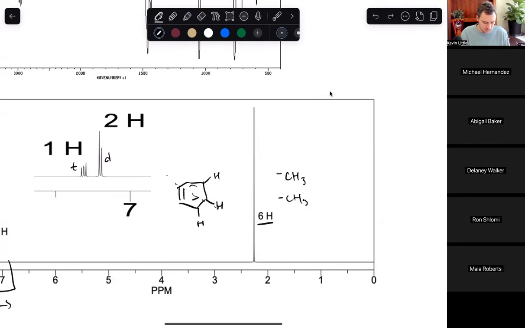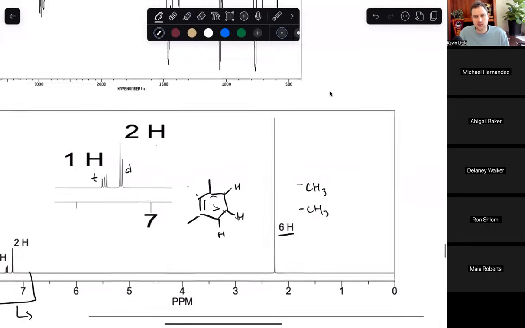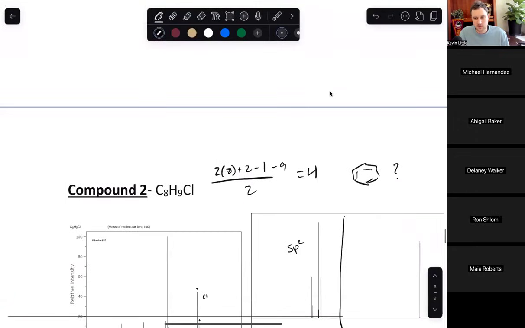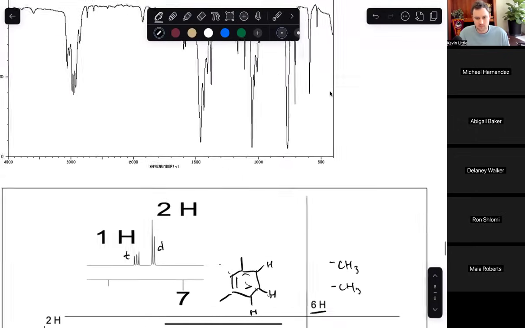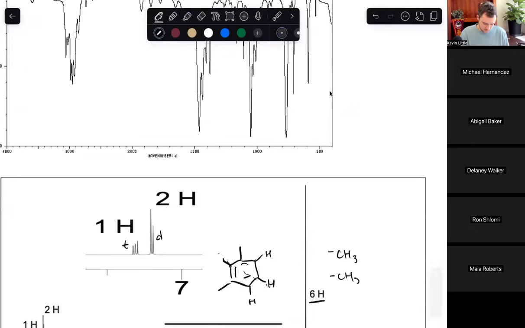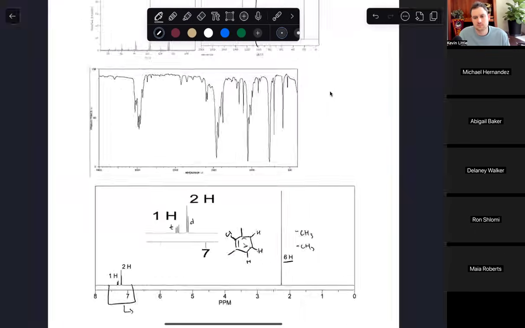Because if I try to do something like this, well, now that wouldn't be a singlet anymore. It would have a neighbor. So there's a methyl here, a methyl here. The only thing that I'm missing when I look back at my formula is a chlorine. And so that chlorine is here. And that's my final answer.